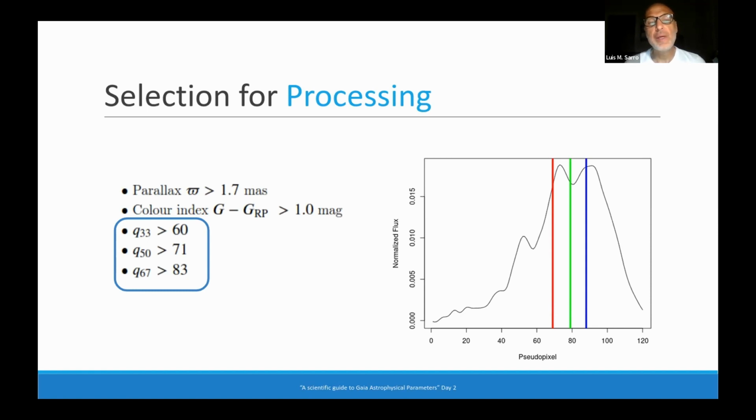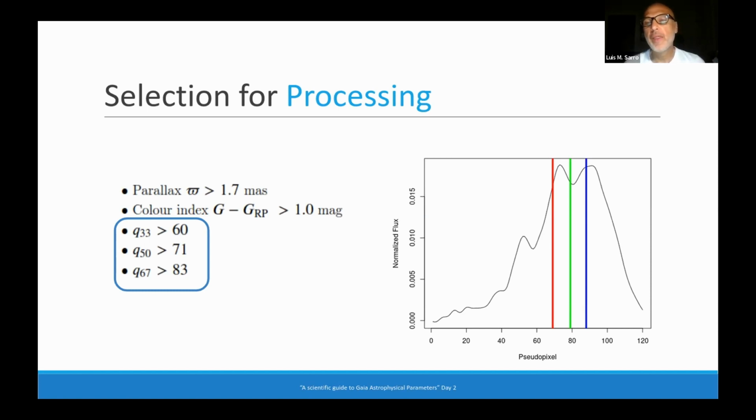And then we require that the RP spectrum is relatively red. And we do this by imposing that the quantiles of the flux distribution in the RP band are redder than some limits in pseudopixel space.